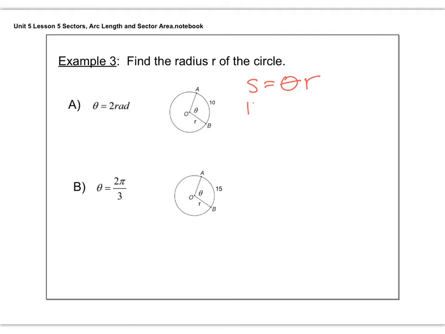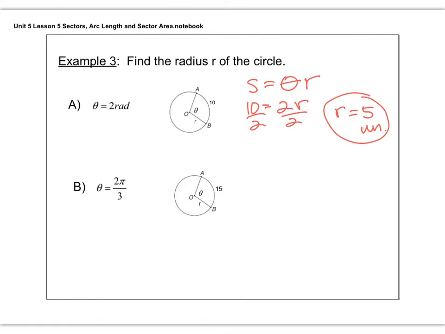So our arc length is 10. Our theta is 2 radians, which, remember, each radian is about 57 degrees, so that's about a 114 degree angle, but we're dealing with radians. And then we want to solve for r. All you have to do, divide by 2. Your radius is 5 units.